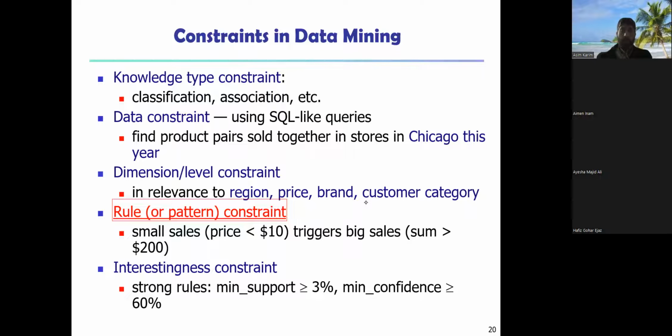So then we have what is known as rule or pattern constraint. So you can specify your constraint as a rule. Okay, I want patterns that satisfy this given rule. So this is the case that we'll be discussing in more detail shortly.